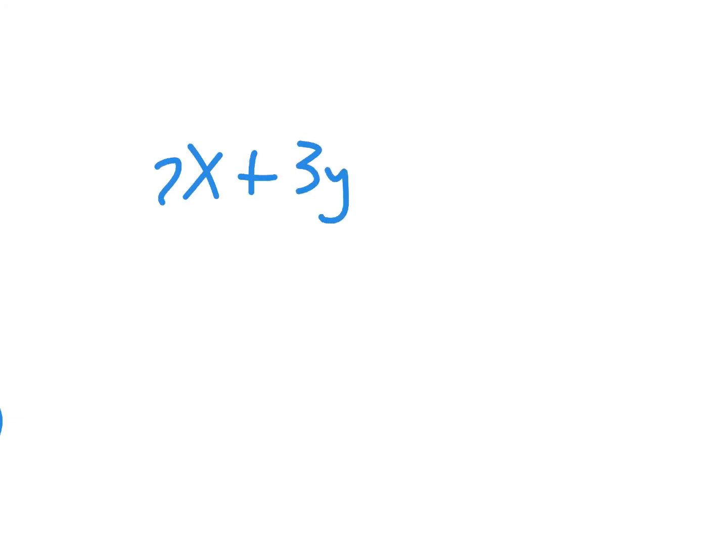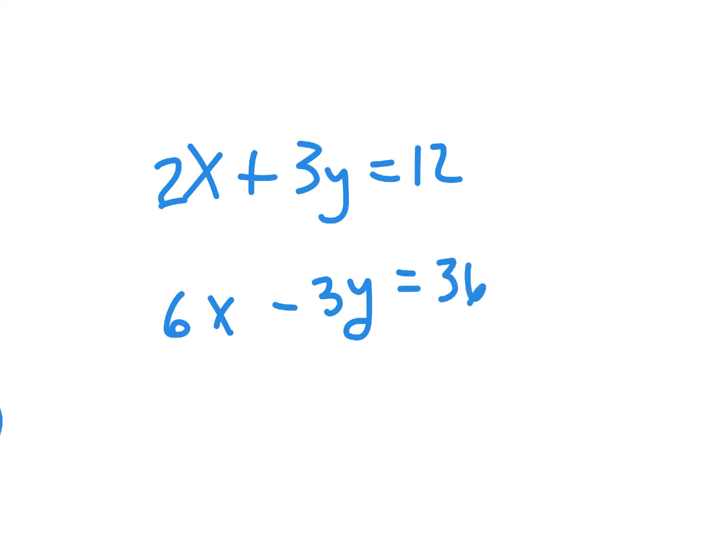All right, last but not least, algebra skill-wise, if I give you two equations, 2x plus 3y equals 12, and 6x minus 3y is equal to, let me think, 36.